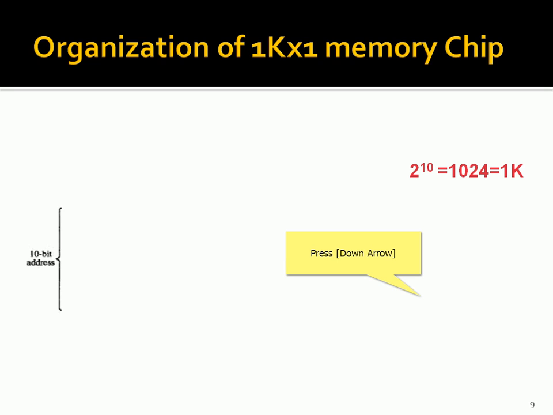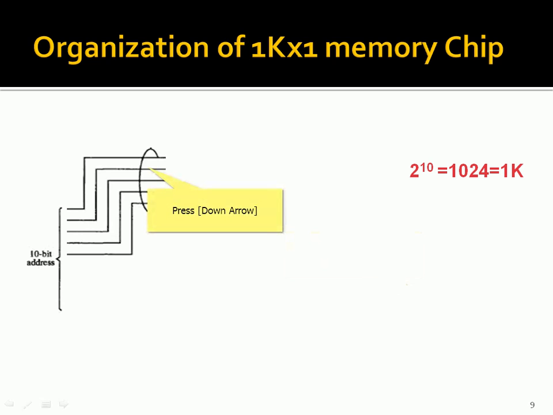This 10-bit address we can split, because memory is organized in a matrix fashion. In order to read out this matrix, we can go row wise and column wise, so the 10-bit address will be split into two components.